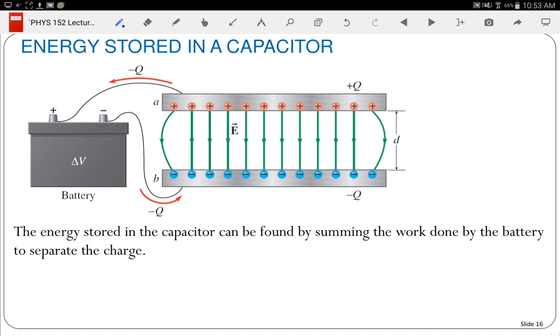Energy stored. At the very beginning when I introduced capacitors, I said their purpose is to store energy in the form of electric field. In fact, we just this week in our family worship were reading about the story of Uzzah. You guys know the story of Uzzah?